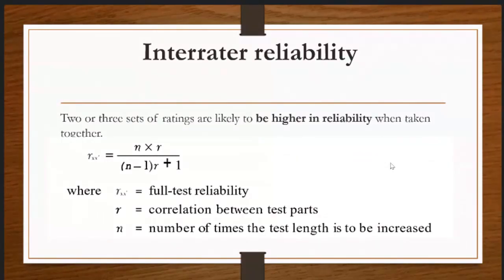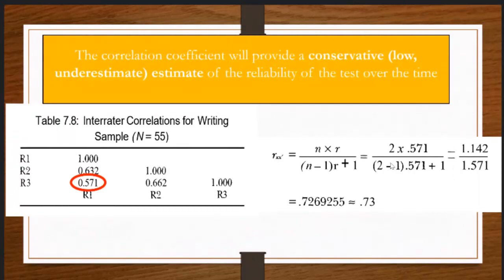You can see the formula here. This is taken from the split-half test that Mrs. has shown you before. So we have the correlation. I just want to remind you that the correlation coefficient will be conservative, meaning a low, underestimated estimate.